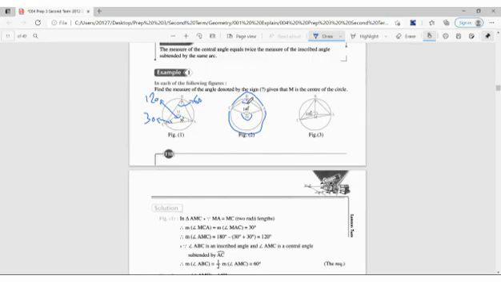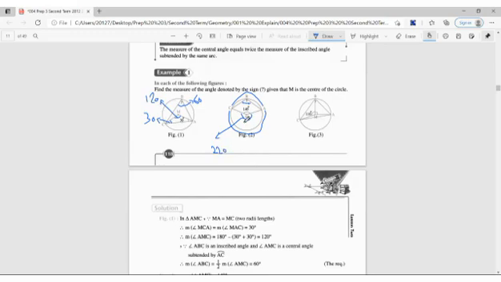So the reflex angle, as we studied before, is 360 minus the angle. 360 minus 140 is 220. So this angle has a measure of 220.